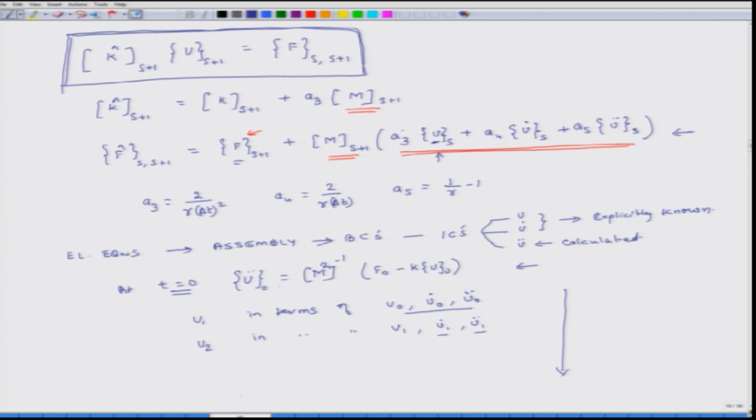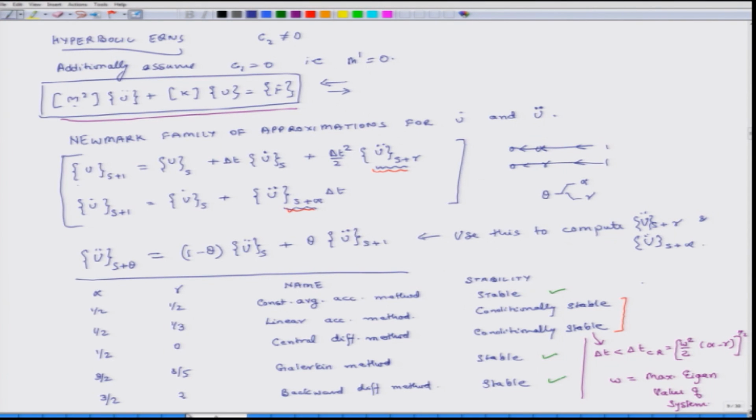So I calculate that and I keep on marching forward, and our solutions will be stable if we use these two values of gamma and alpha. They may be conditionally stable if I use one of these two sets of alpha and gamma, provided my time increment is smaller than the critical time step, which was calculated here.